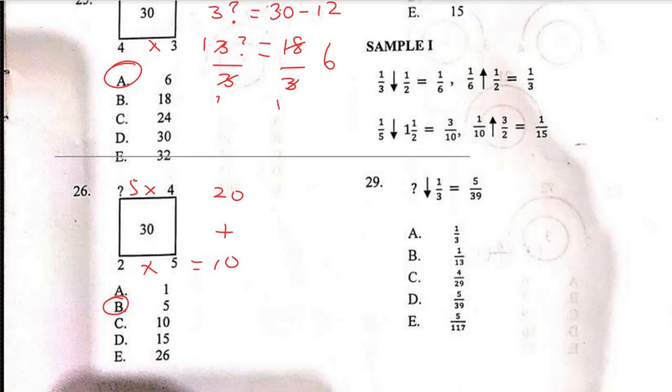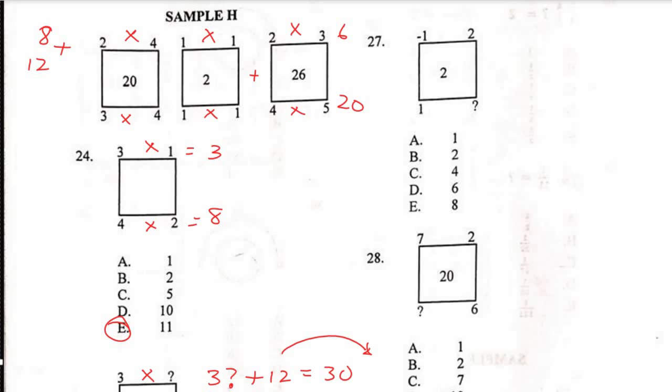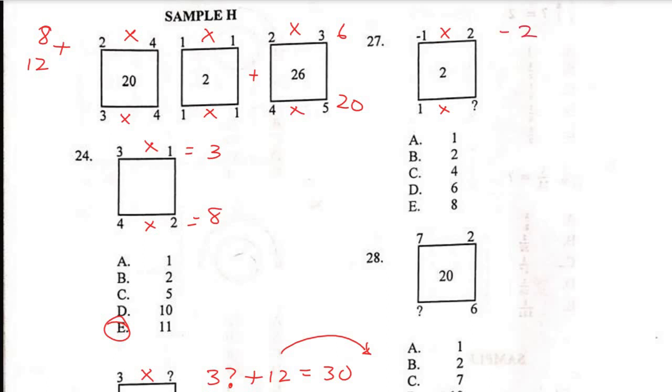Alright, let's take a look at question 27. For question 27, to get what is missing, we multiply this. 1 times minus 2 will give me minus 2.